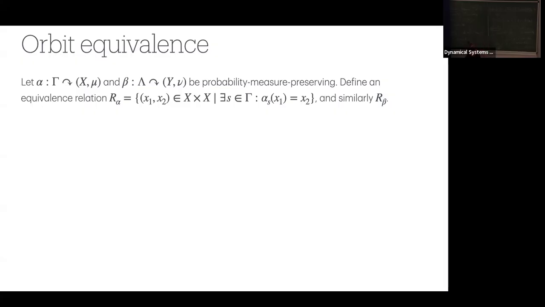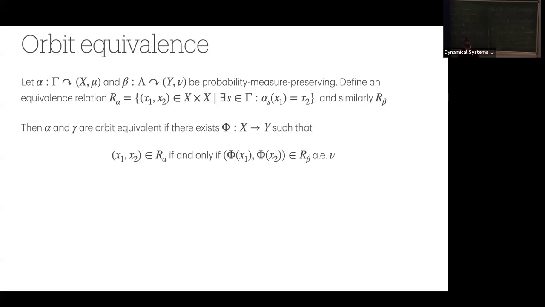Our alpha is just going to be pairs x1, x2, where x2 and x1 lie in the same orbit of the group action. And similarly, our beta. And then we say that these are orbit equivalent if there is a map phi from x to y which maps equivalence classes to equivalence classes almost everywhere with respect to the measure on y.